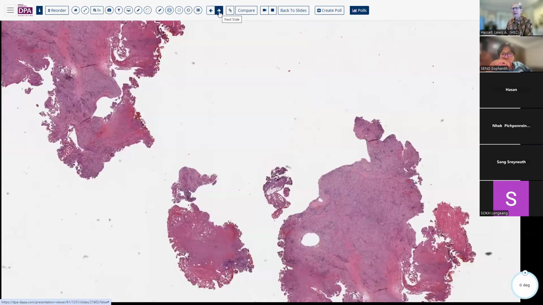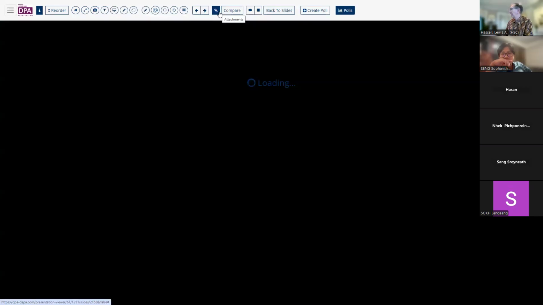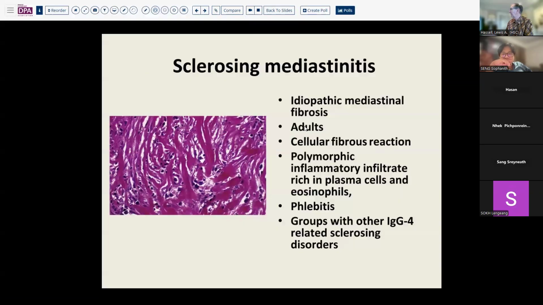And of course, I'll give you the link to these digital slides so that you can come back and look at these yourself. This is usually adults that are presented with this. They may have some degree of phlebitis, and the inflammatory infiltrate is very fibrotic, with a rich plasma cell and eosinophilic infiltrate.